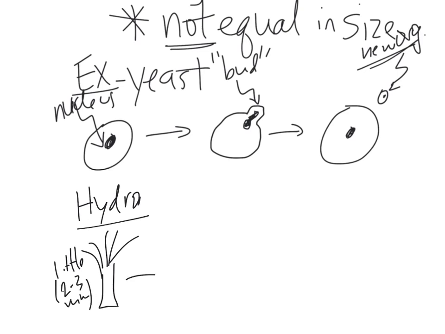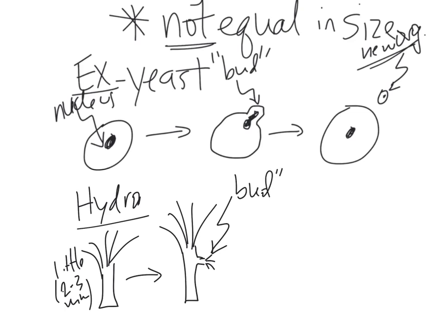And what happens is these guys reproduce by budding too. They can start having this little piece that starts to grow off. So they have this little bud, this little part of their body that starts to grow another little organism. So right here we see the bud. That is the resulting organism.